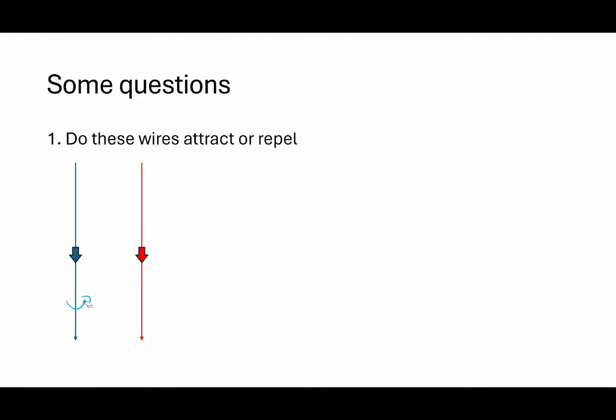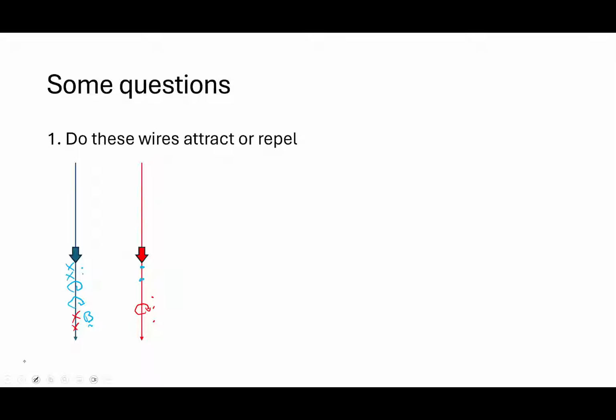We have our magnetic field going that way, so it's into the page and then out of the page. So out of the page on the red wire. Then the red wire is also doing the same thing, so it's out of the page and then into the page on the blue wire.